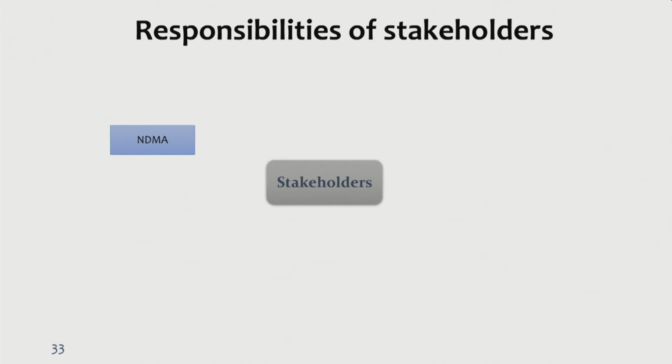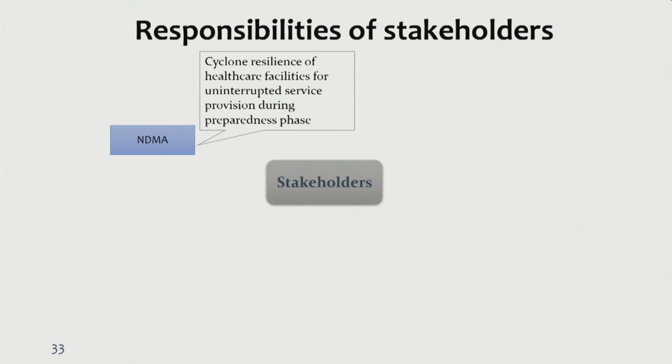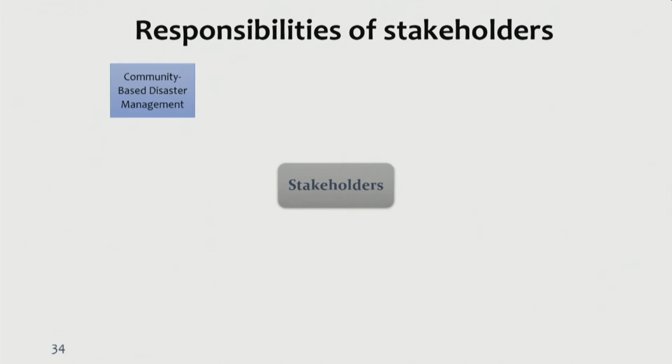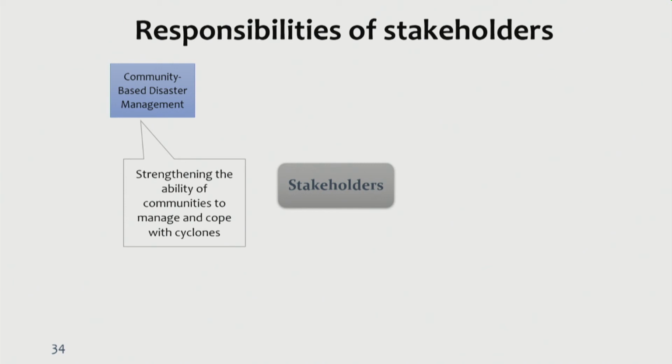The NDMA, the National Disaster Management Authority, should make sure the healthcare facilities are resilient to the effects of cyclones. The main activity will be during the preparedness phase. A community-based disaster management approach is important to strengthen the ability of communities to manage and cope with cyclones by training the panchayat, self-help groups, NCCs, NSS, youth, local community organizations and volunteers.